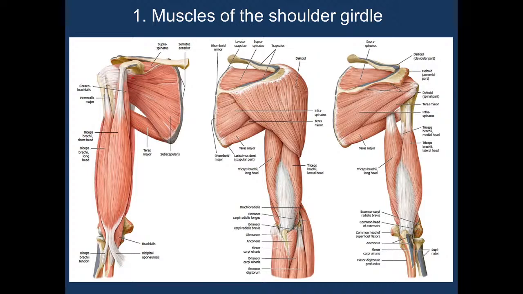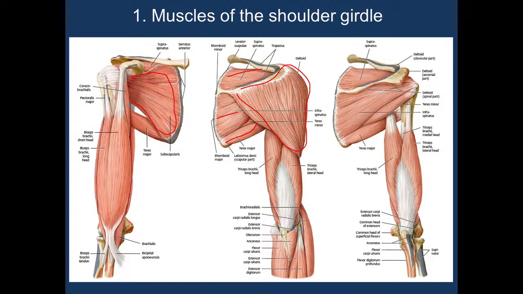This is the deltoid here. Subscapularis here, supraspinatus, infraspinatus, and teres major and teres minor.